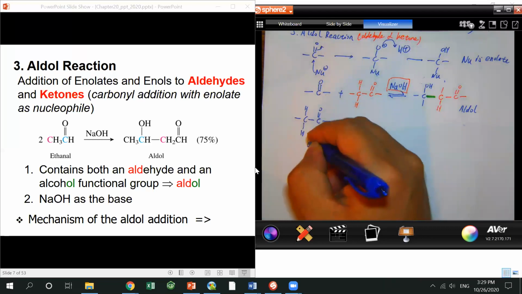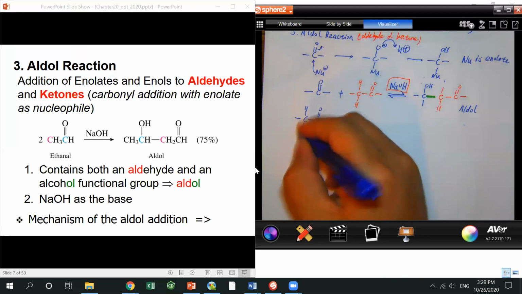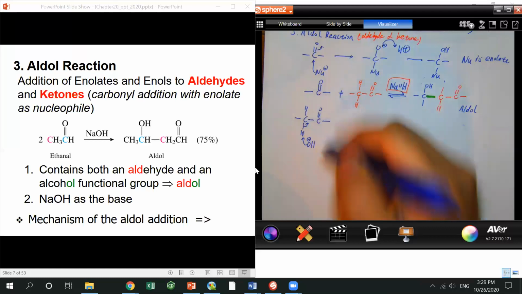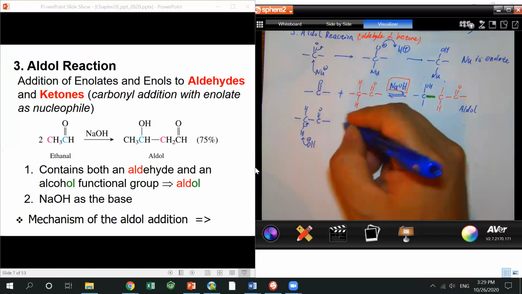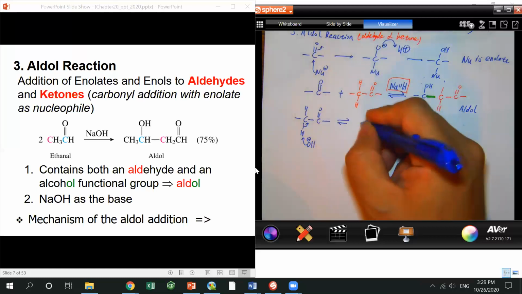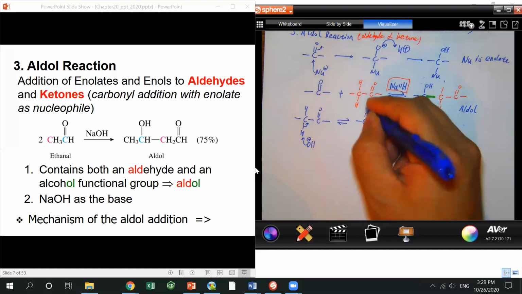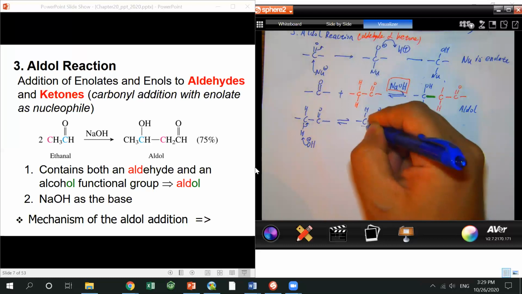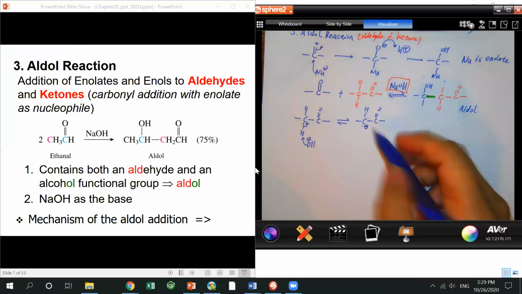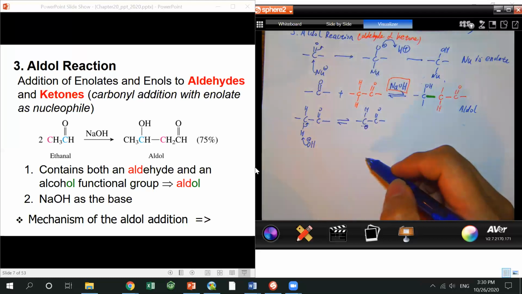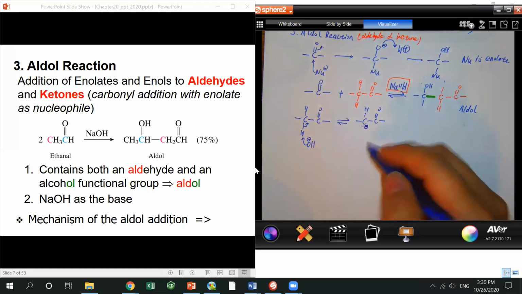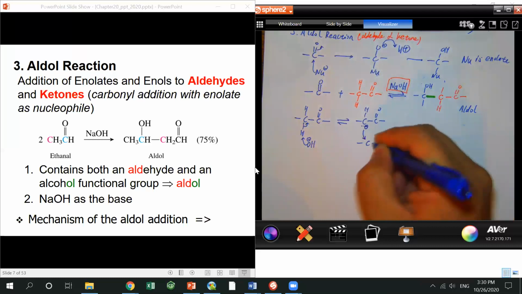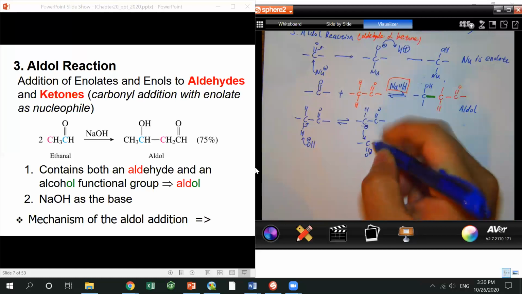That's the first step, taking up the alpha hydrogen from the alpha carbon. Then you get the enolate, and the enolate will attack another aldehyde or ketone, attacking the carbonyl carbon.